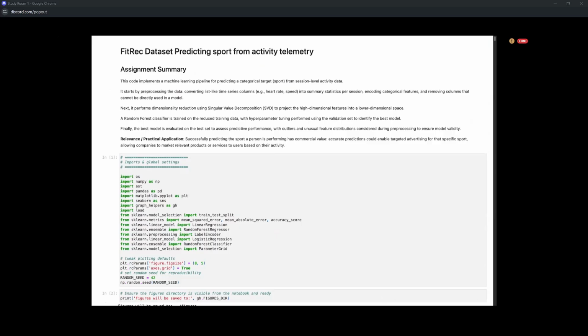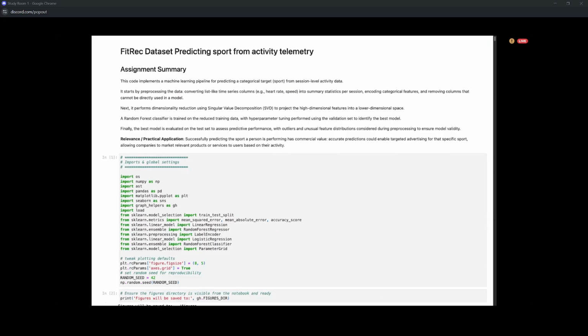A random forest classifier is also trained on the reduced training data, with hyperparameter tuning performed using the validation set to identify the best model. Finally, the best model is evaluated on the test set to assess predictive performance, with outliers and unusual feature distribution considered during pre-processing to ensure model validity.